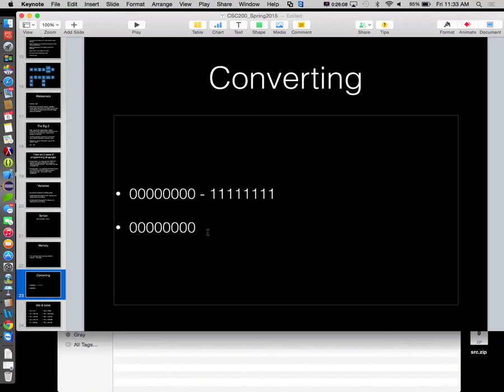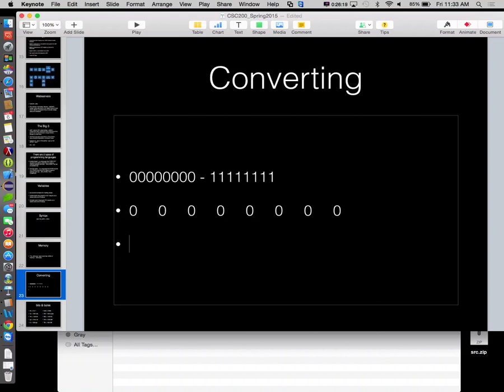So I'm going to just zero it out here, and I'm going to put some spaces. So this is the 128's place. This is the 64's place. 32's, 16's, 8's, 4's, 2's, 1's.